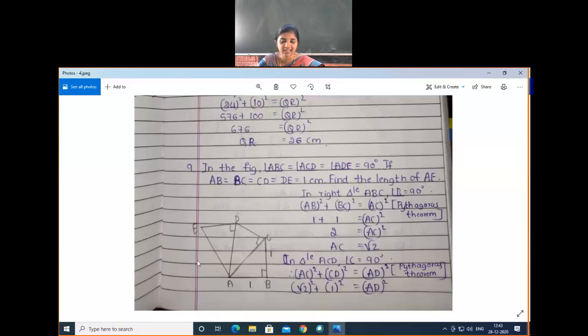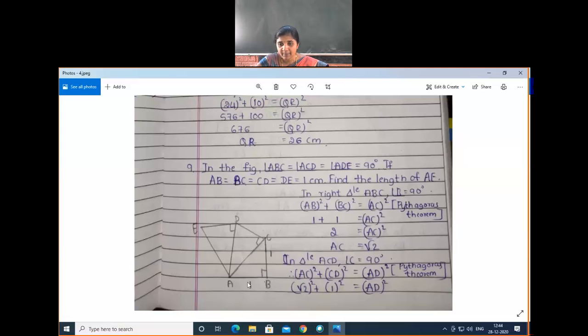This is like a 9th standard problem, so here we are using the Pythagoras theorem concept. In a right triangle, first we have to use the first triangle only. Directly we cannot work out AE. First we have to start with the AC side. In right triangle ABC, angle B is 90 degrees.